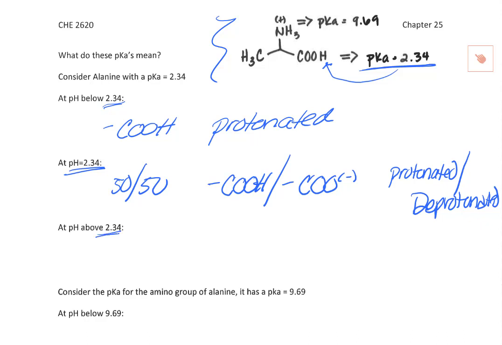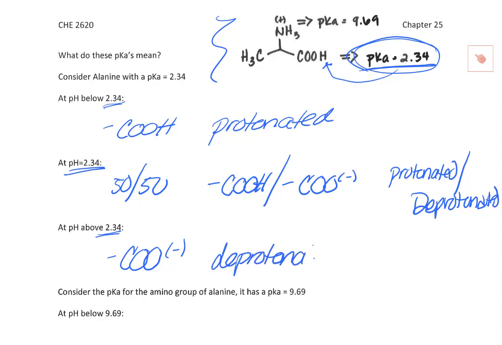Above a pH of 2.34, you now have a more basic solution than this pKa is illustrating that is required for that H to come off. And so above the pH of 2.34, your carboxylic acid group is going to be a carboxylate anion, and it's going to be deprotonated.